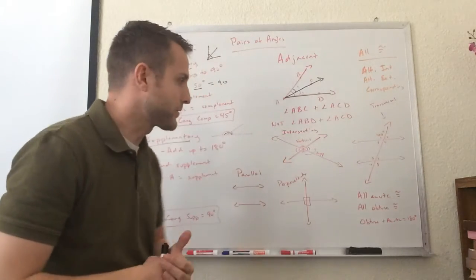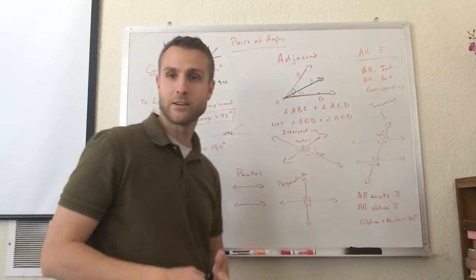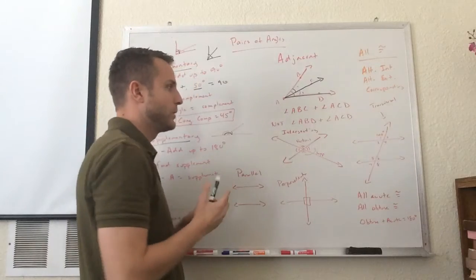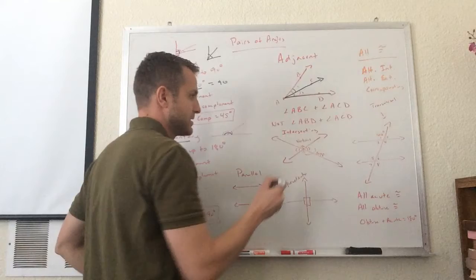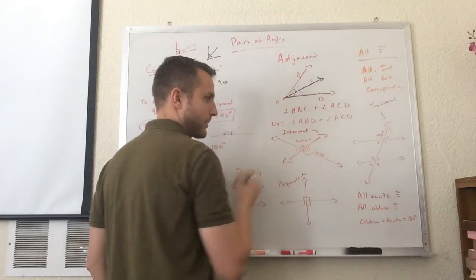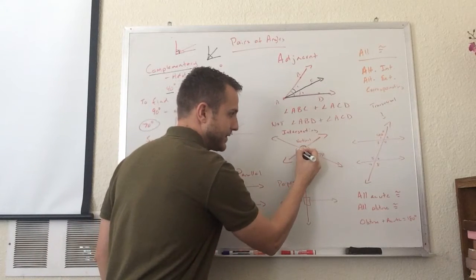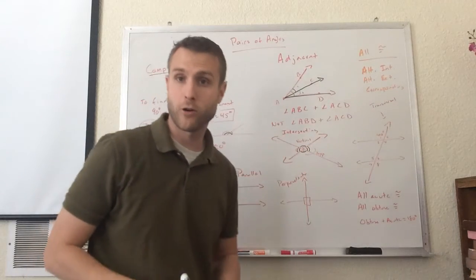Another type of angles are those formed when I have lines. So if I have two lines that are intersecting, that just means they cross each other at one point. When two lines cross each other at one point, they make four angles. So you can see there's one angle here, one angle here, one angle here, and one angle here. The angles that are across from each other, we call vertical.